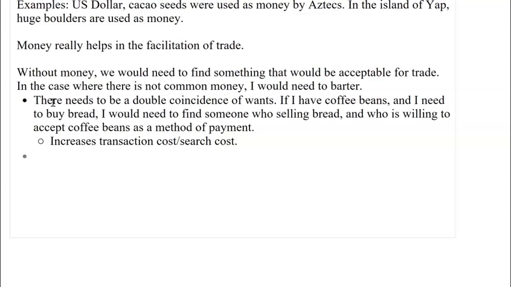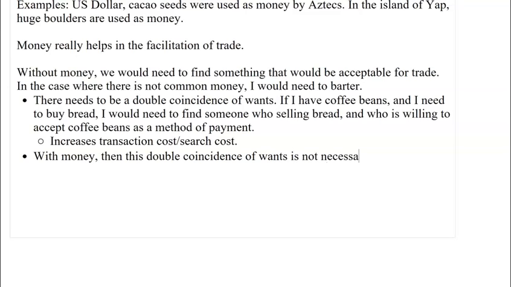If, let's say, we all decided that maybe breadsticks or something else can be used as currency, then with money or some kind of currency, or some people used beads back in the day, or shells, or cacao beans, or something else, then this double coincidence of wants is not necessary.